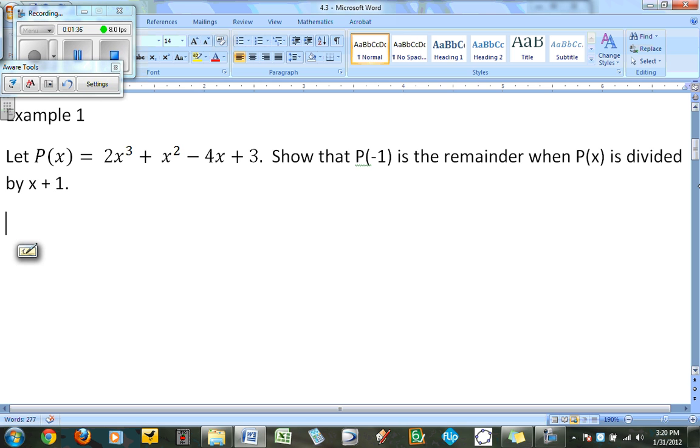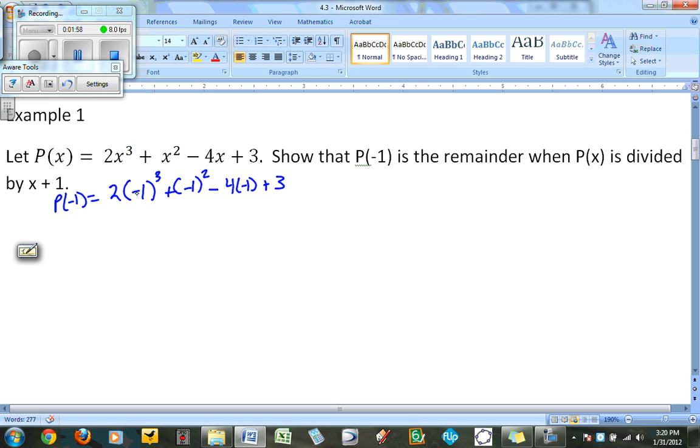So they're saying, let's plug -1 into the function. So p of -1 is 2 times -1 cubed plus -1 squared minus 4 times -1 plus 3.